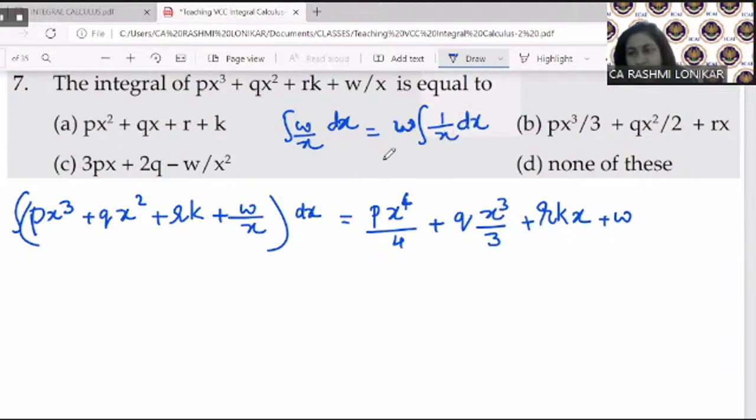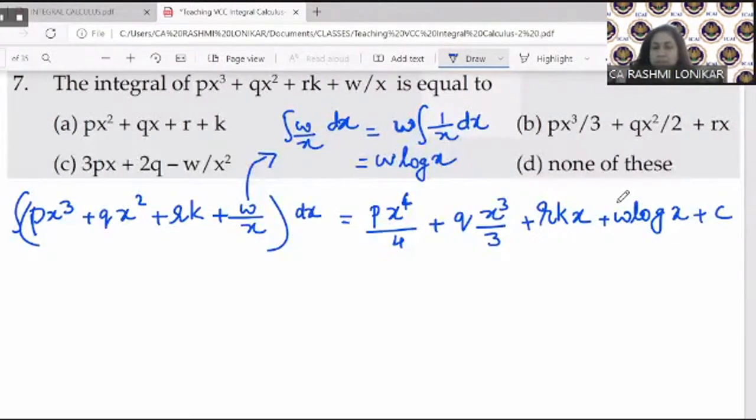What is integral of 1 upon x? You know, this is w log of x. So for this portion, w upon x, the integration of w upon x dx will be equal to w integral of 1 upon x dx, which is equal to w log x. So this is equal to w log x plus c.